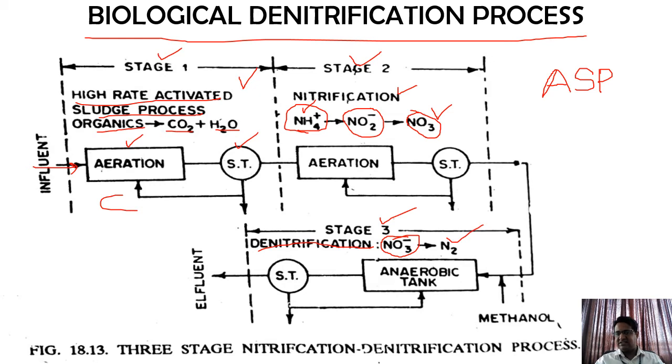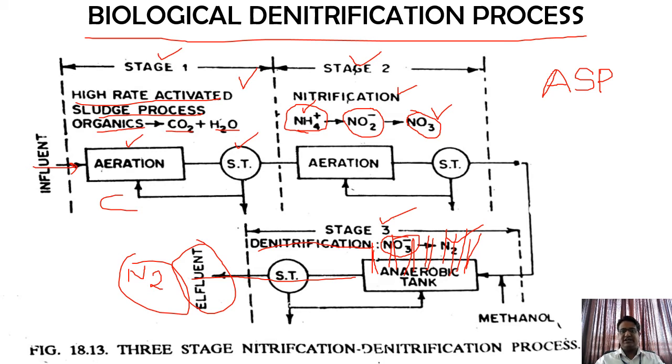Once nitrogen gas is produced, it can escape out of your liquid media. Once that nitrogen escapes, obviously the supernatant liquid which is coming out will be free from nitrogen. This is how your entire nitrification and denitrification process works.